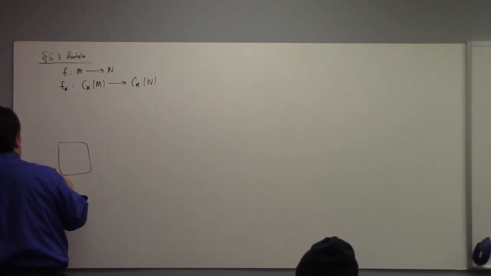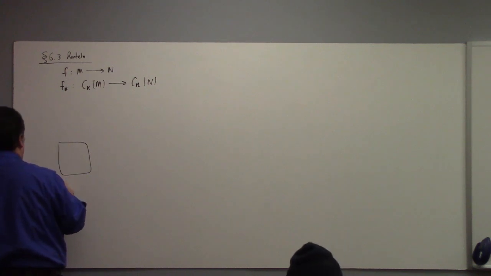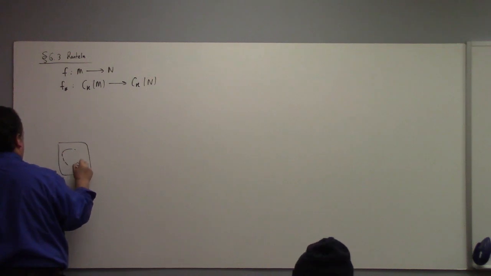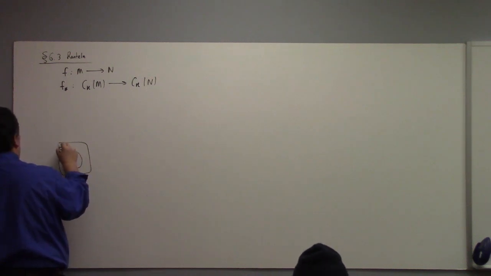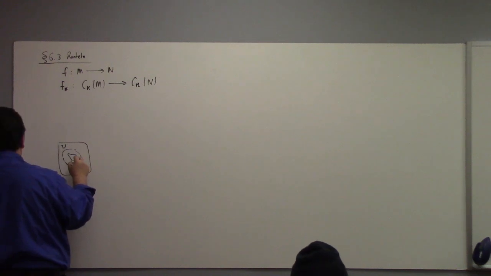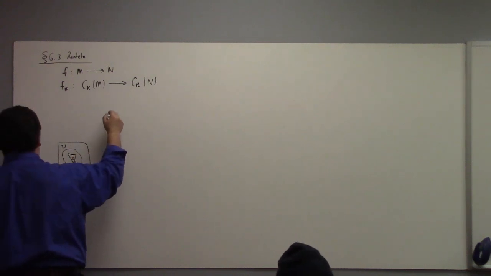He's like, here's Rn. So you've got some kind of chart U. You've got your simplex sigma bar. And then up here you've got some kind of curved space M.